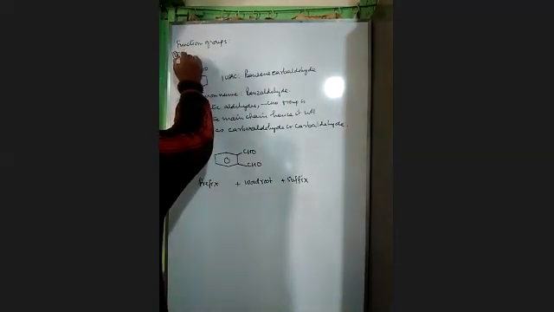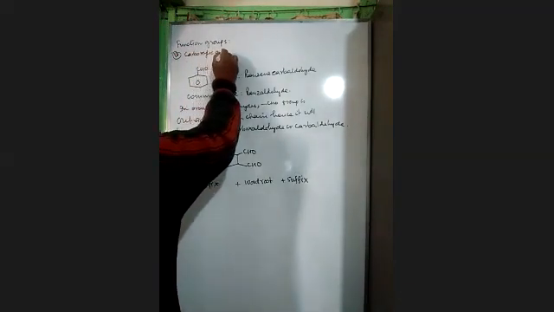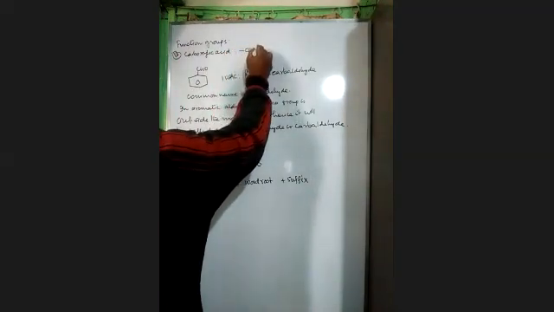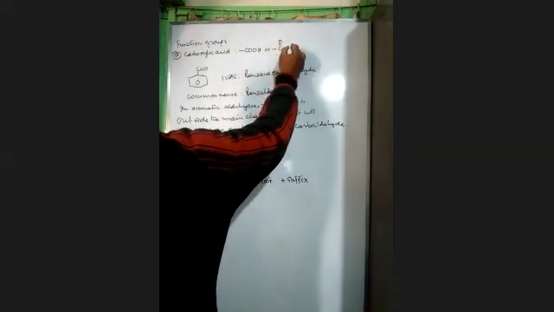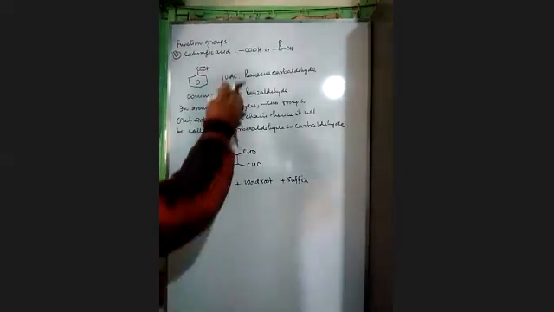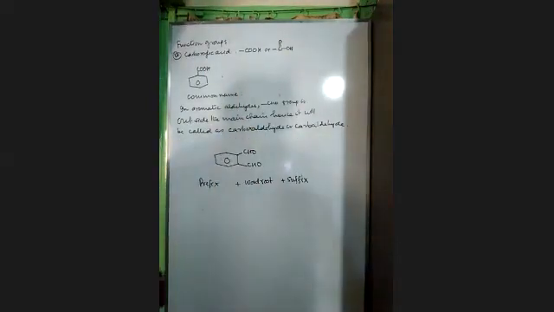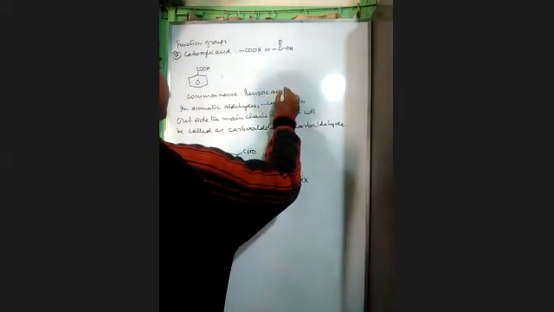Now, carboxylic acid. Okay. This is a structure. So its common name is benzoic acid.